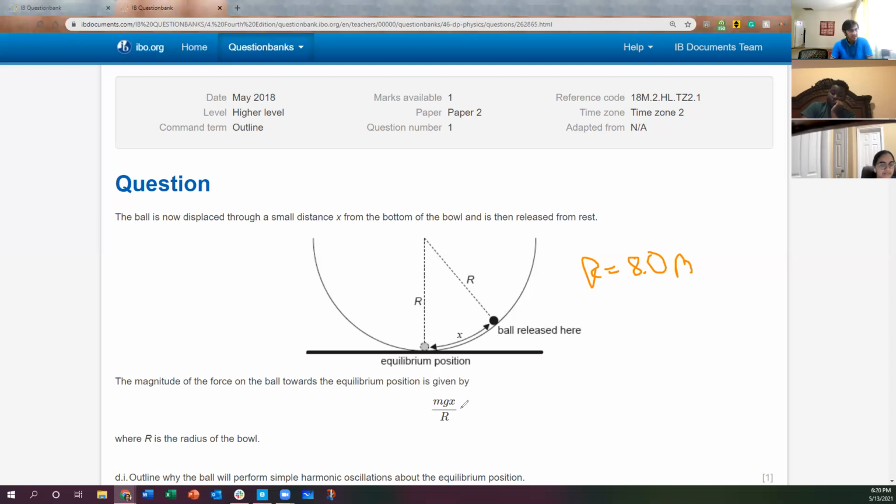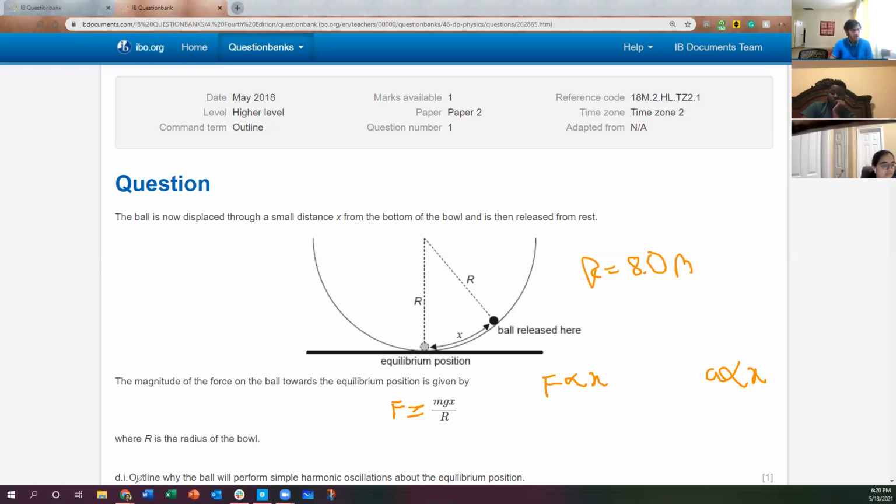Now what you can see here is that the force is mgx over r, but what's special about this? If F is proportional to x, that means a is linearly proportional to x. So what does that mean? It's simple harmonic motion.